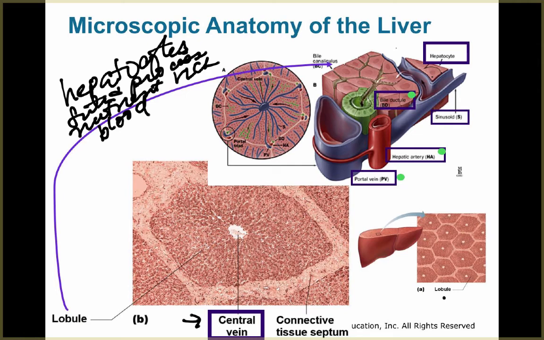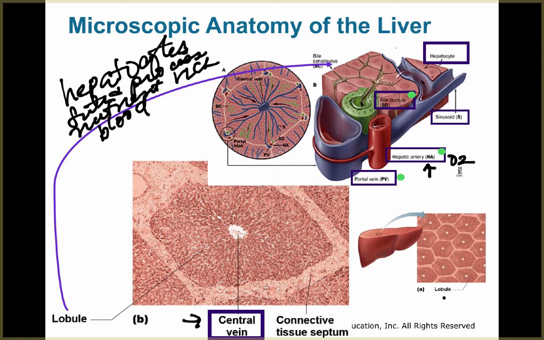If you look in each corner of the lobule, it'll contain what's known as a portal triad. The portal triad is made up of three things. You can see where the green dots are, the hepatic artery. This supplies O2.